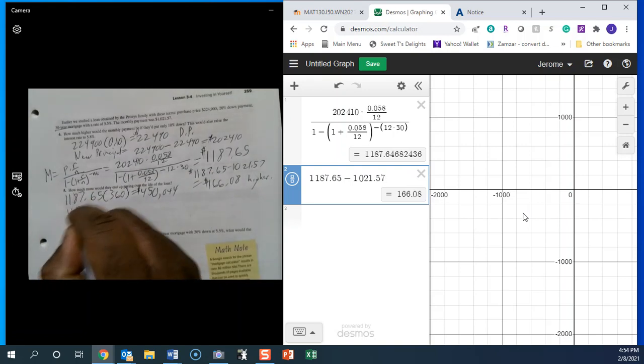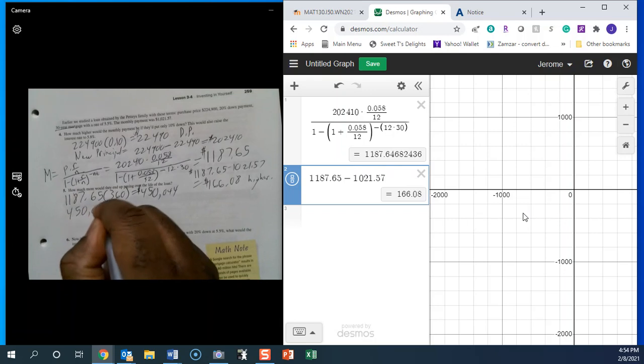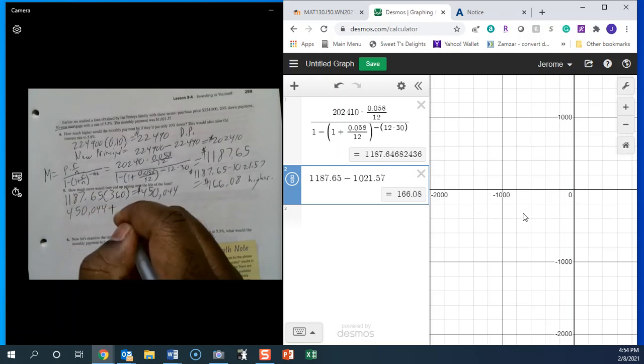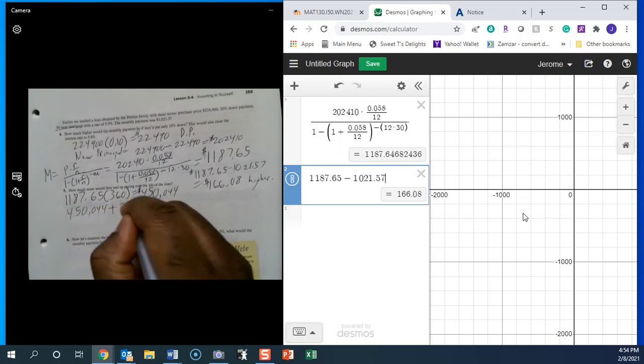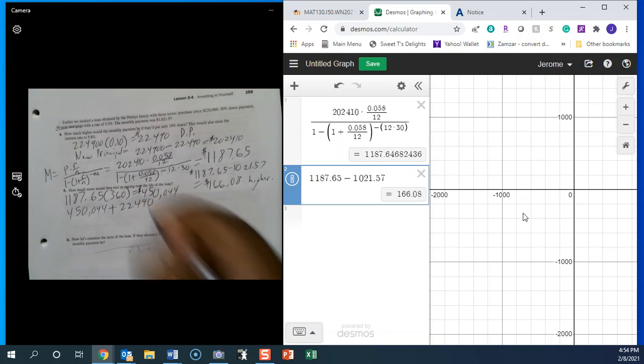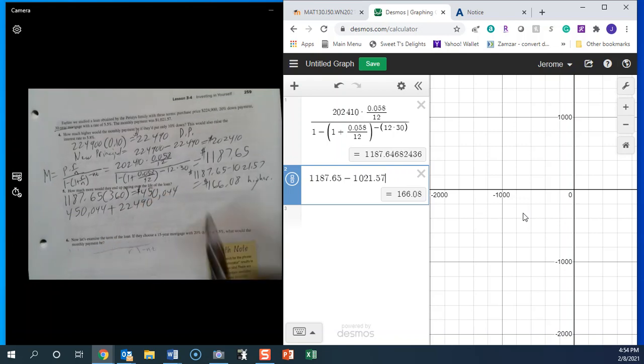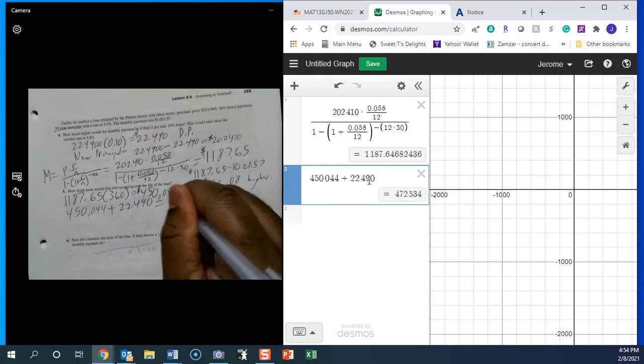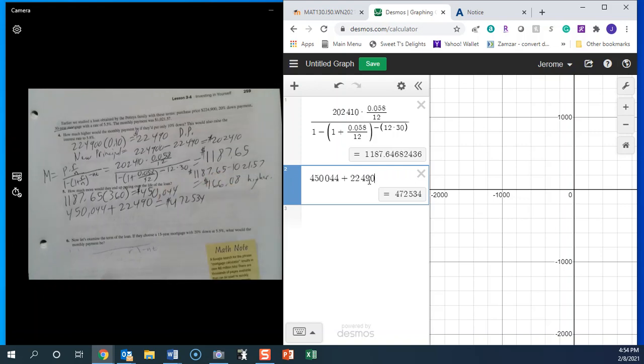So we have $450,044 plus the down payment of $22,490. Let me put that in here. So they would have paid a total of $472,534. That's how much they paid for the house.